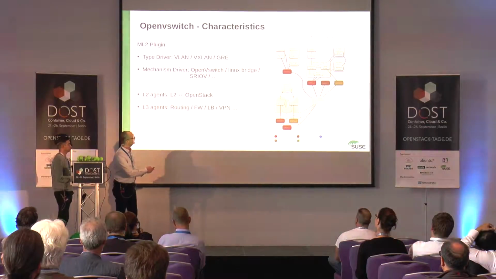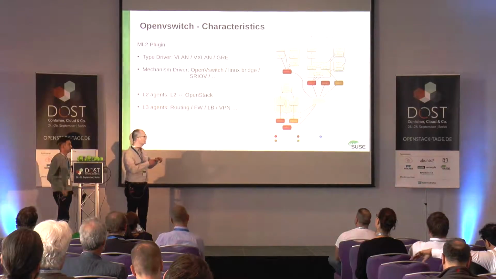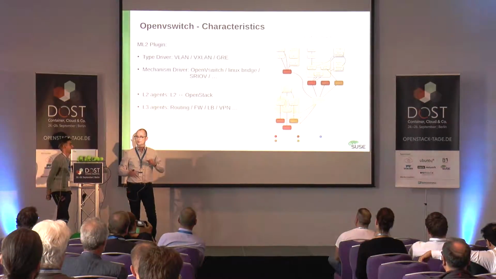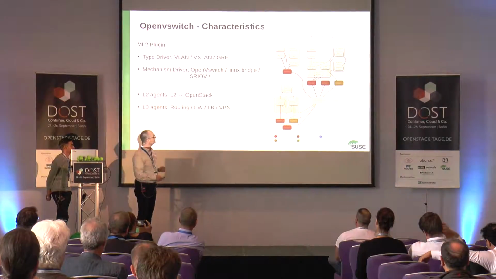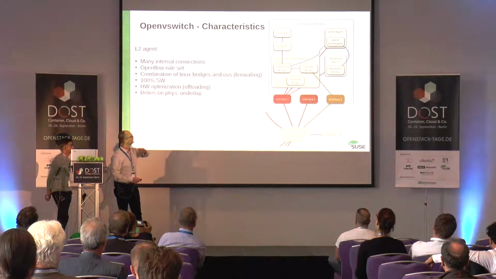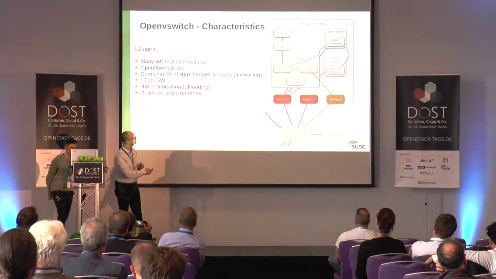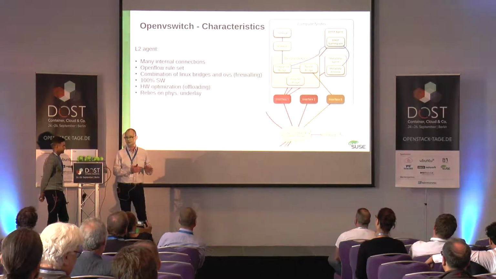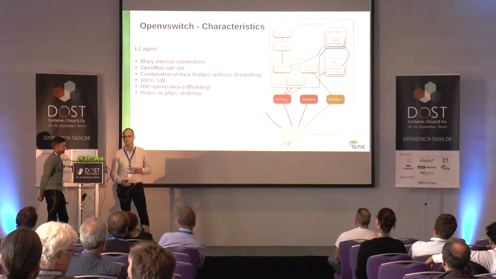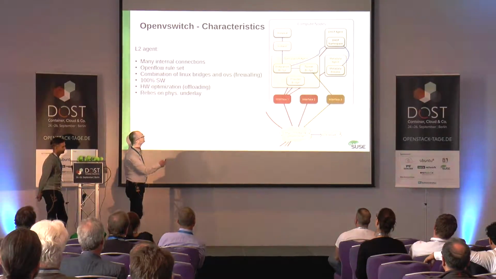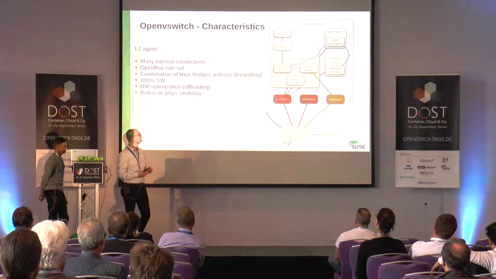And you see here on the right side, the ways how all these agents and plugins are working together. I just have a focus on the right side. So here you see the Open vSwitch agent, and we can follow a packet from the virtual machine to the interface of the compute node. So you see, you have the instance. The instance has a virtual interface, and this is connected to a firewall.